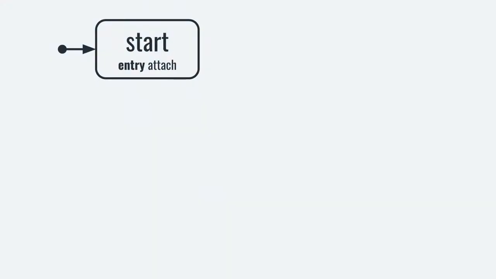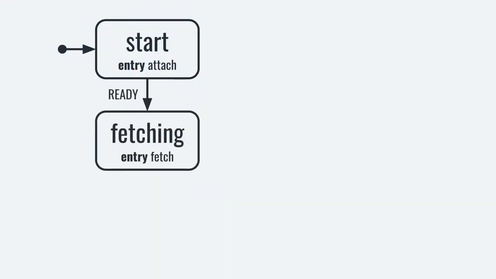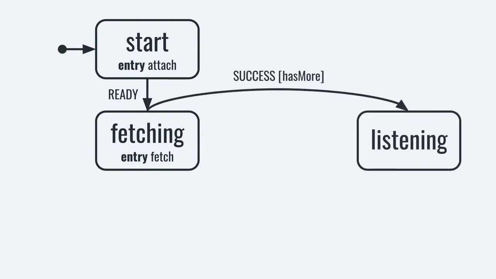Like we go back to the infinite scroll example. And the first state is going to be the start state, where the entry action is going to be attach, where we want to attach the event listener and start listening. When we're ready, the first thing we need to do is fetching, because we want to fetch the first page. If the fetch succeeds, if we have more data, you see there is success and there is has more into the square brackets.